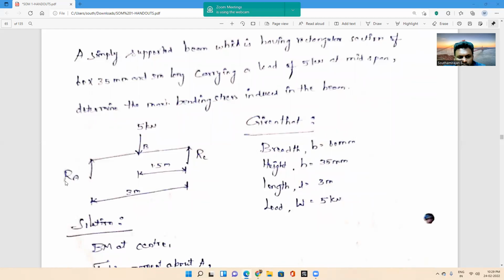So we have drawn the simply supported beam with the point load, which has a cross section of breadth 60 mm and height 35 mm, and length 3 meters, with the load equal to 5 kilonewton. These are the data given in the question. We want to find the bending stress in the beam.